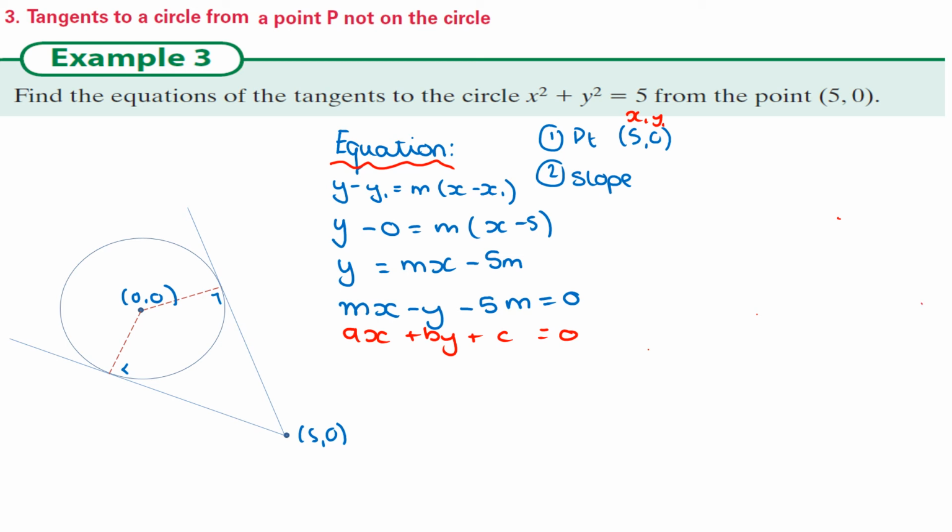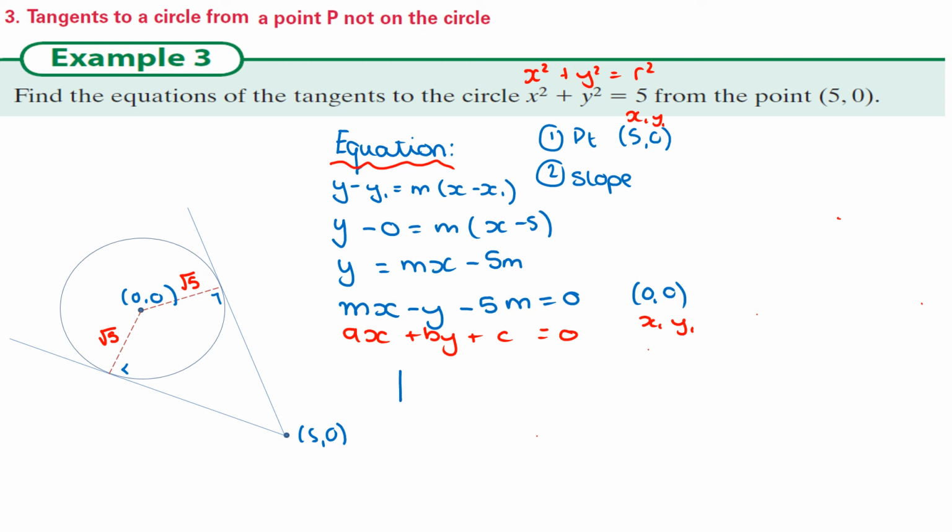Now the radius, x squared plus y squared equals r squared, so that radius is going to be the square root of 5. So the answer there should be the square root of 5. So I'm going to measure from the point 0, 0, that's x1, y1, and that distance will be square root of 5.